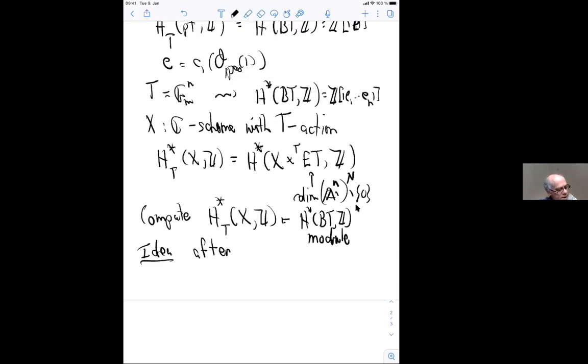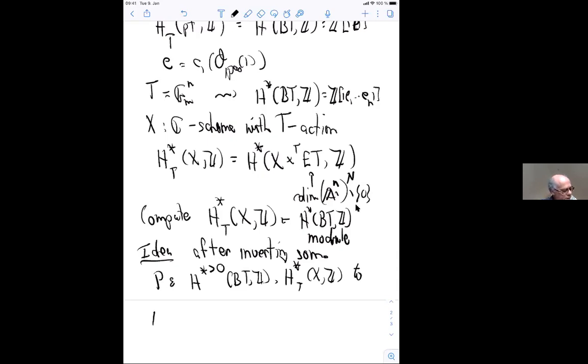And the idea is that after inverting some elements p, so this is essentially a polynomial ring, you look at some positive degree elements in here, this thing reduces to the equivariant cohomology of the fixed points.